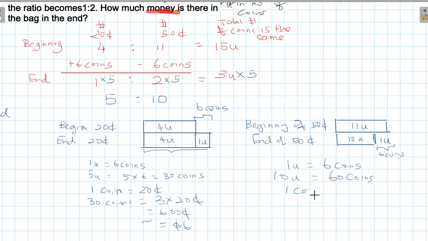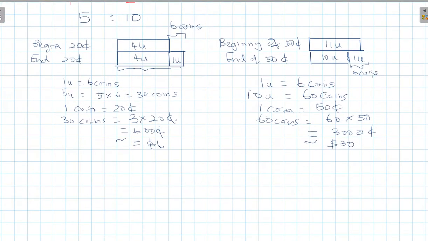If 1 coin equals to 50 cents, because this is the 50 cent one, 60 coins will be equals to 60 times 50, which will give you 3,000 cents. 3,000 cents is actually equals to $30. So the total amount of money in the end, you add these two up, will be $36.